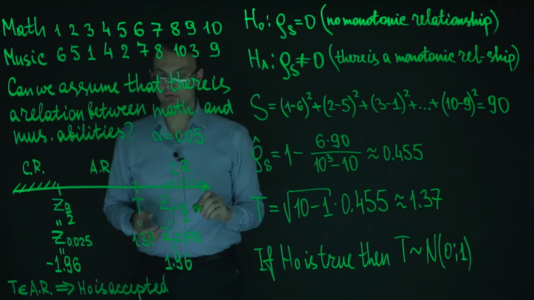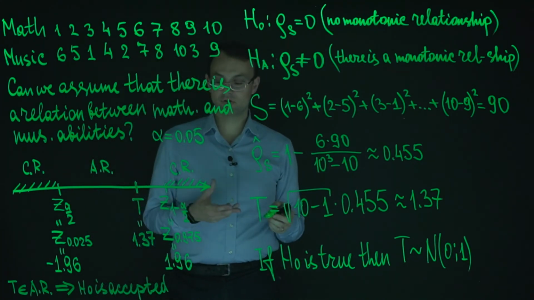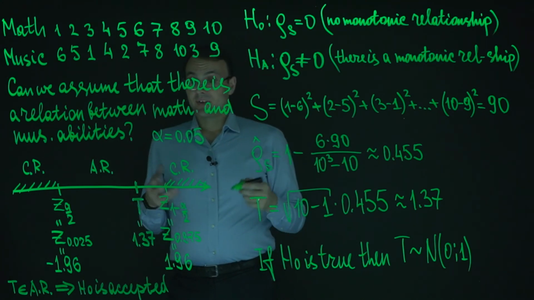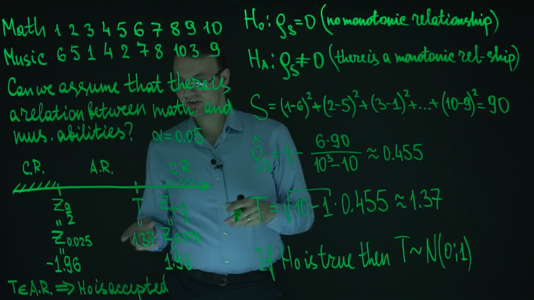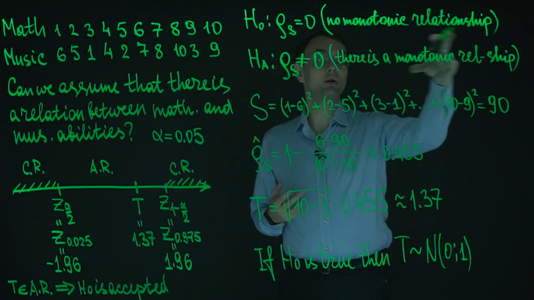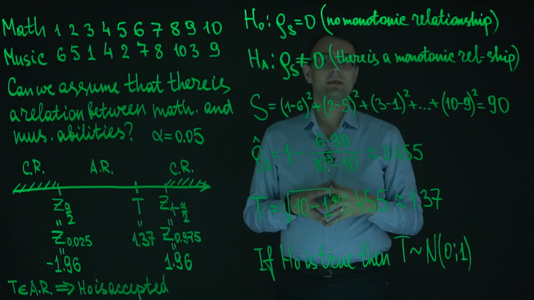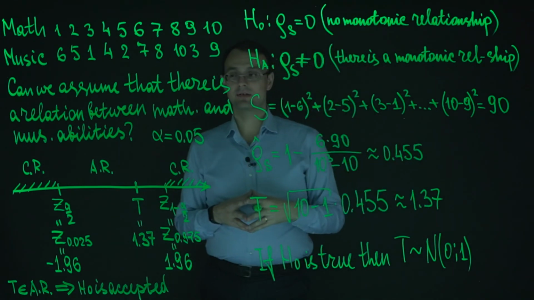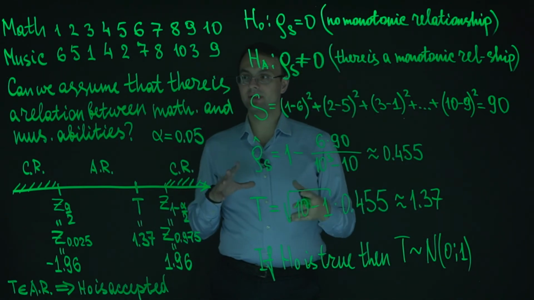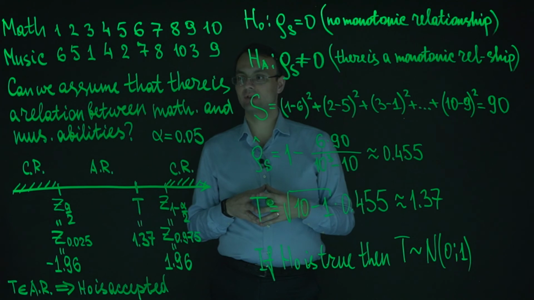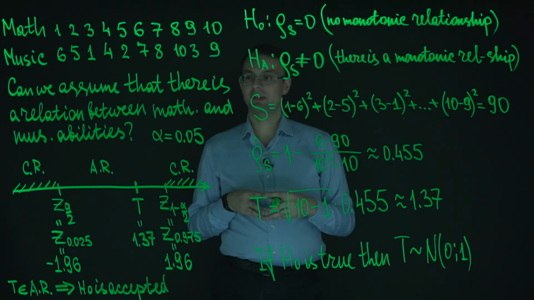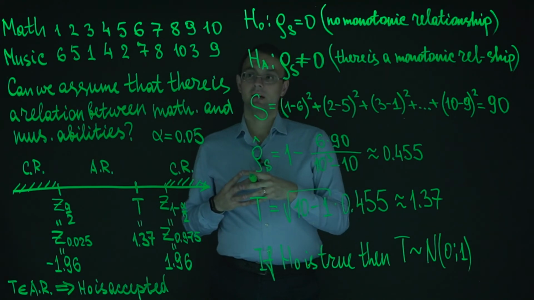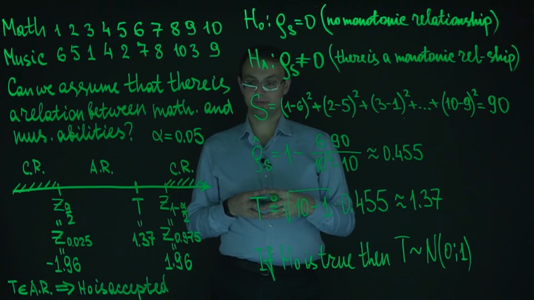We fail to reject H0. And so what is H0? H0 is that there is no monotonic relationship. So if we are asked, can we assume that there is a relation between mathematics and music abilities, it's better to answer no in this case. No, we can't. So the answer is no, we can't, at the 0.05 significance level.